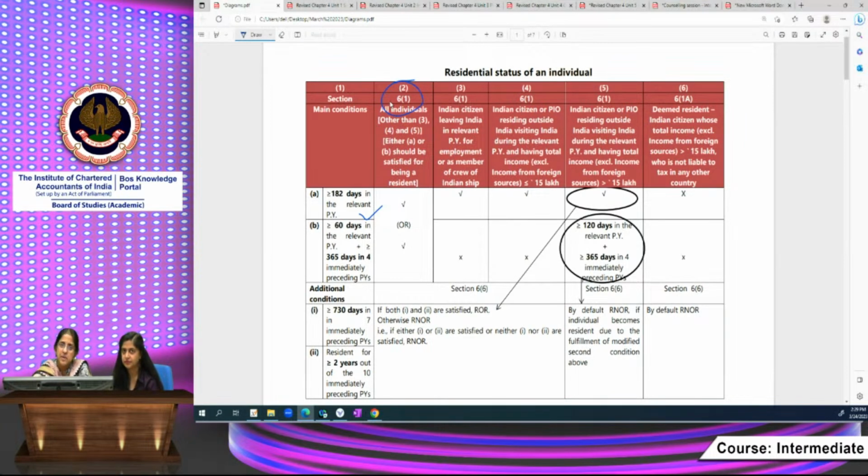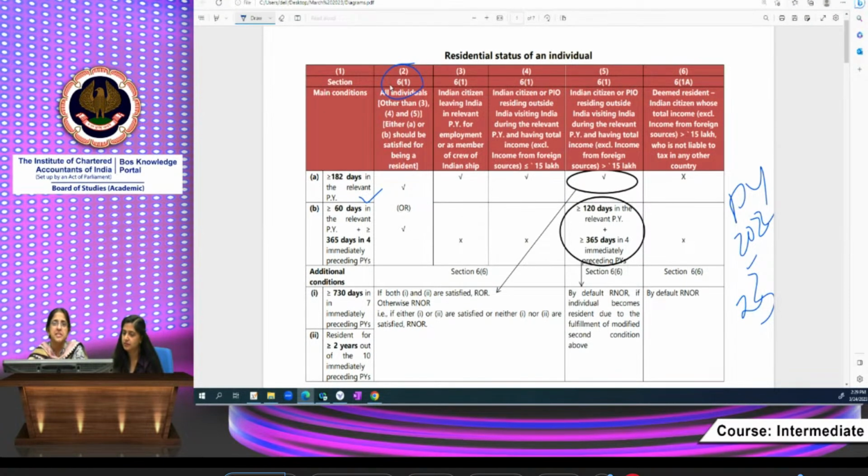If he is not present for 182 days, then if he is present for 60 days in the relevant previous year, that is in our case previous year 2022-23, and in the earlier 4 previous years, 2021-22, 2020-21, 2019-20, 2018-19, he has been in India for more than 365 days, then he would be treated as a resident in India. If either of the conditions is satisfied, either 182 days or 60 plus 365 days, he would be treated as a resident in India.